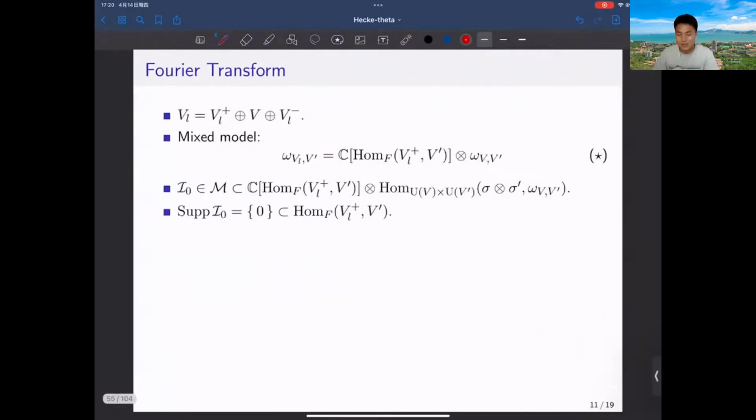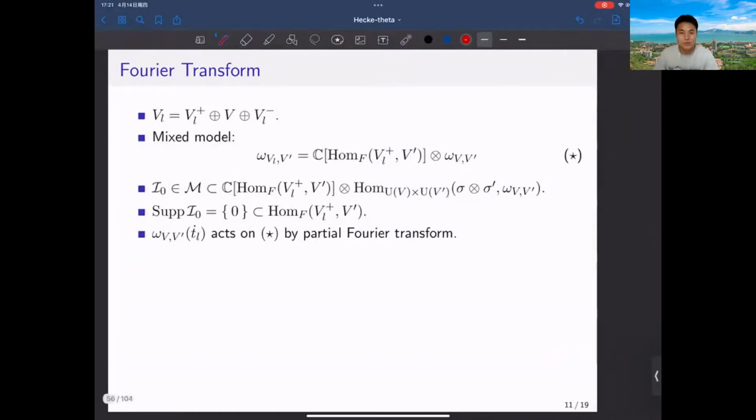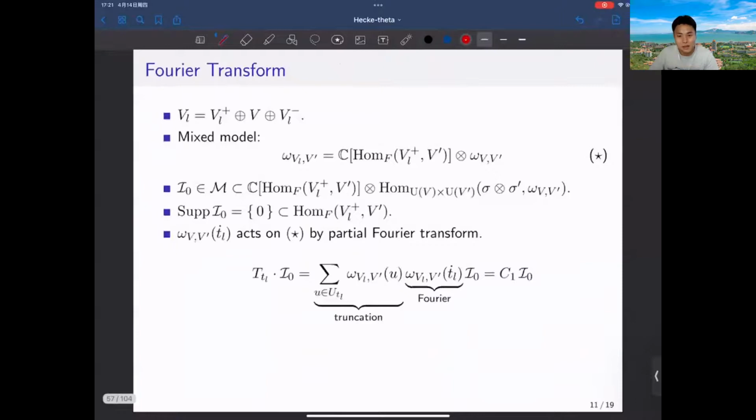It satisfies the condition that the support is precisely at 0. And the action of the last root is nothing but a partial Fourier transform. So we can compute the unnormalized action on this vector, which is a partial Fourier transform, and the unipotent part basically is a truncation.